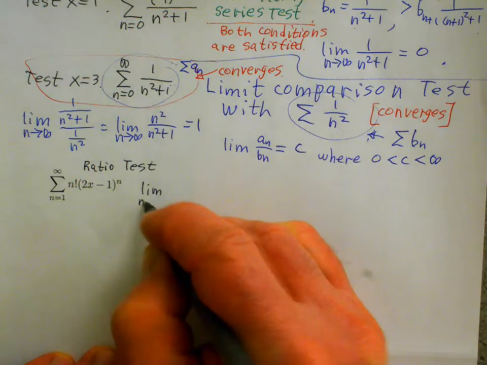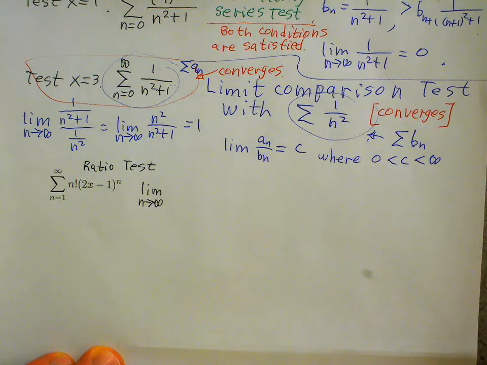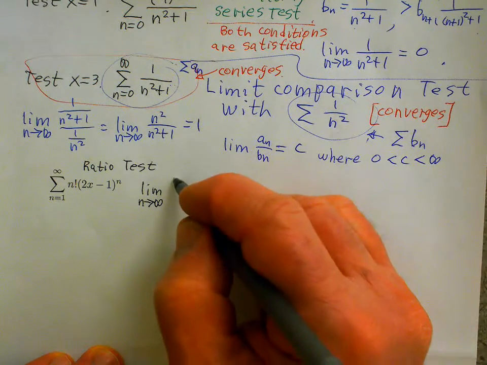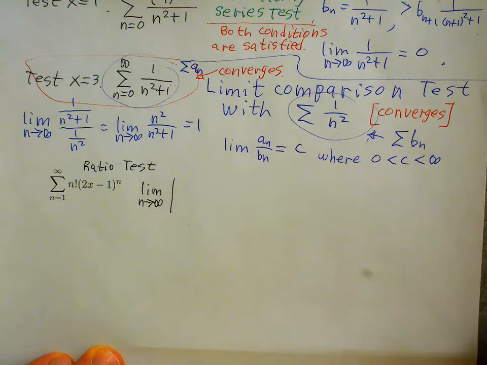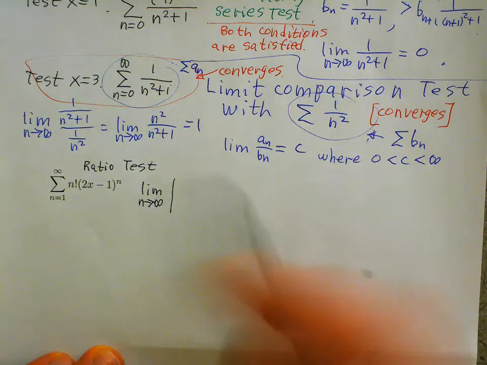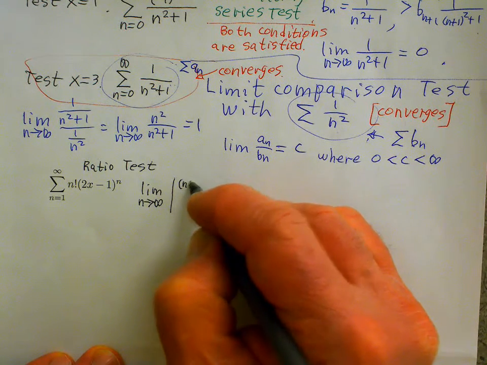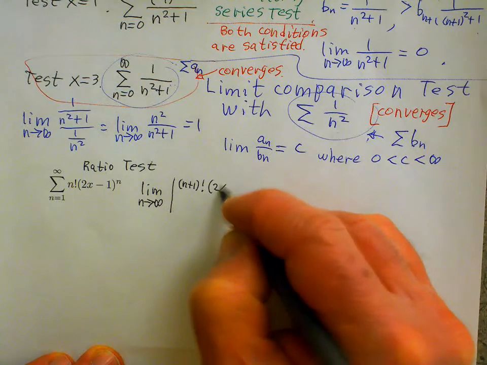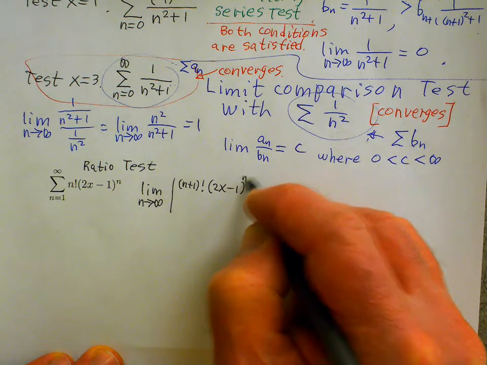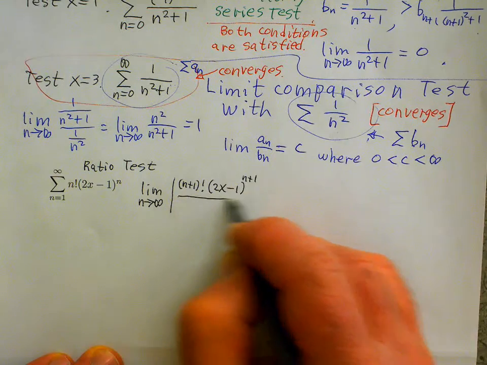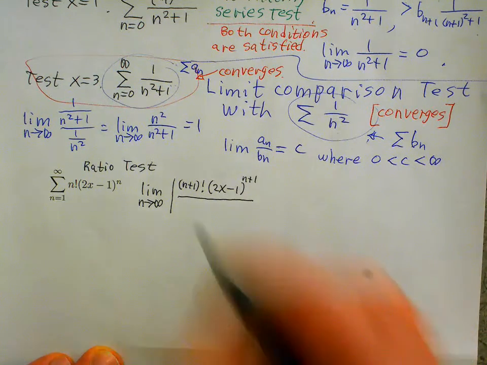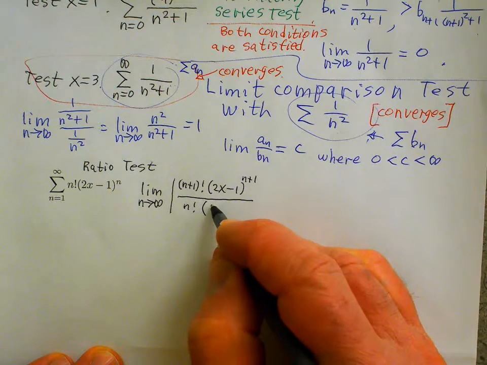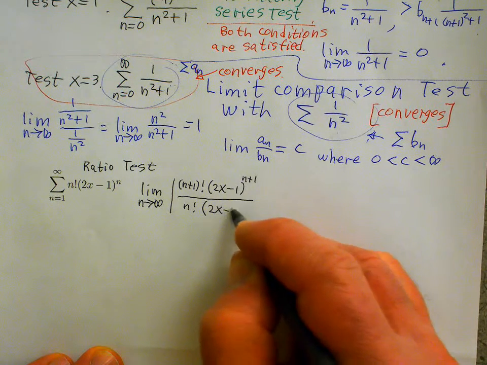The limit as n approaches infinity. Well, this time we don't have a rational expression, so it's not going to be too bad. The n plus first term is n plus 1 factorial times 2x minus 1 to the n plus 1 divided by the nth term, which is n factorial, divided by 2x minus 1 to the n.